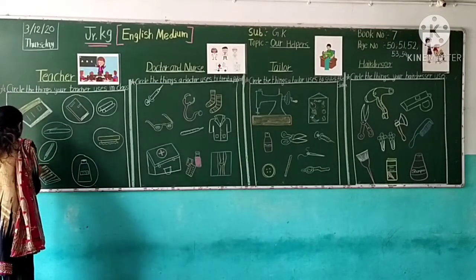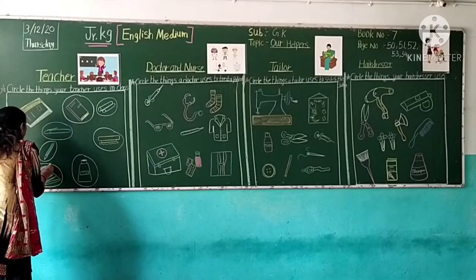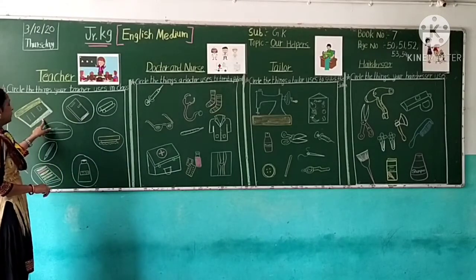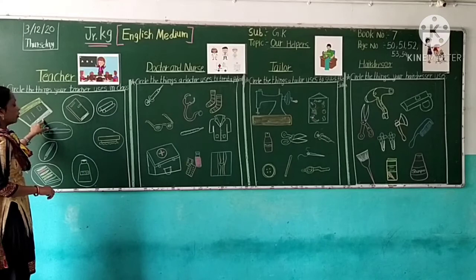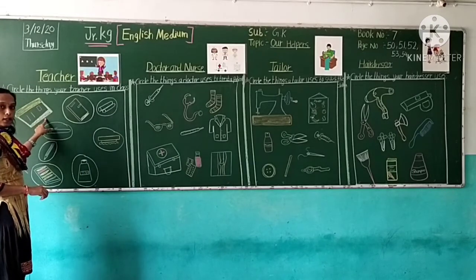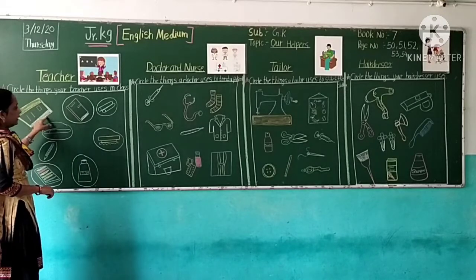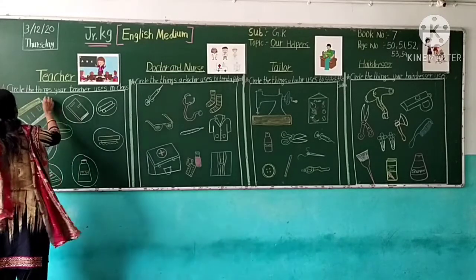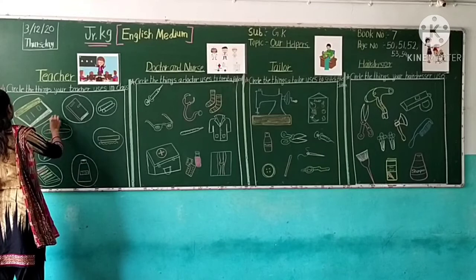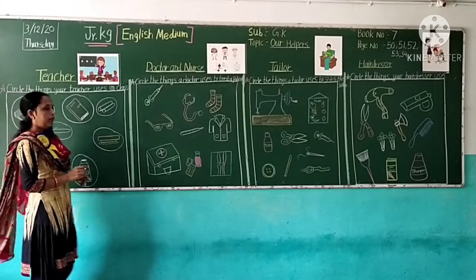Okay. Teacher uses in class. And which thing is this? Book. Which picture is this? Book. So student, these things are used in class. So circle the book.